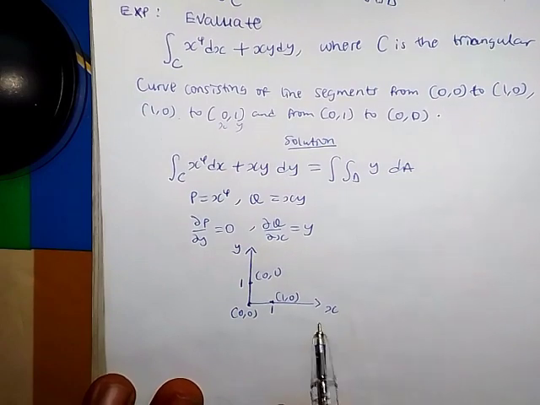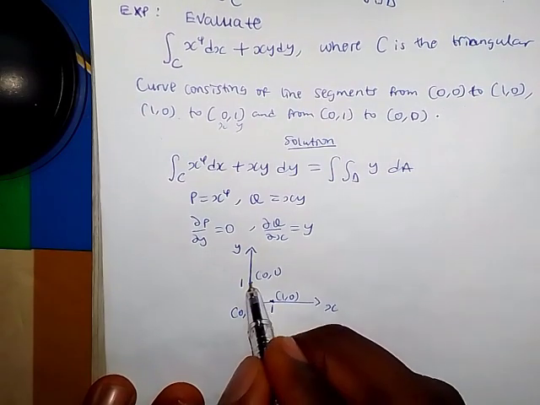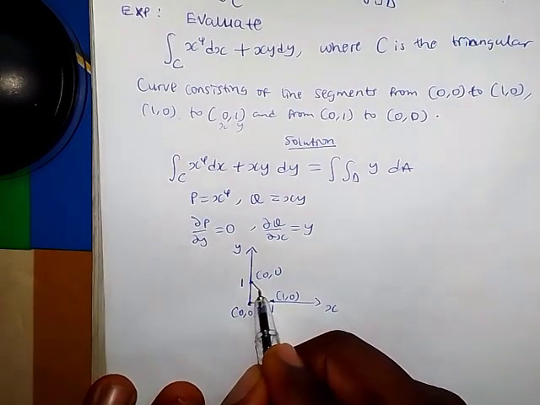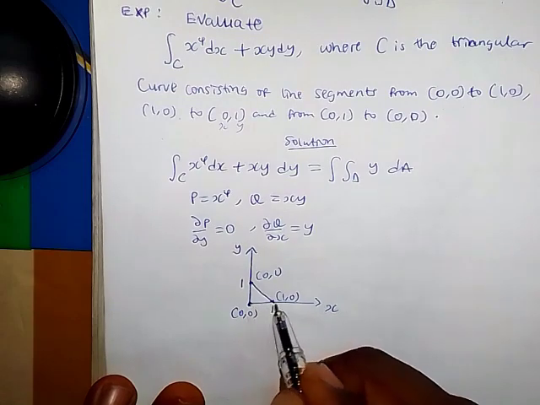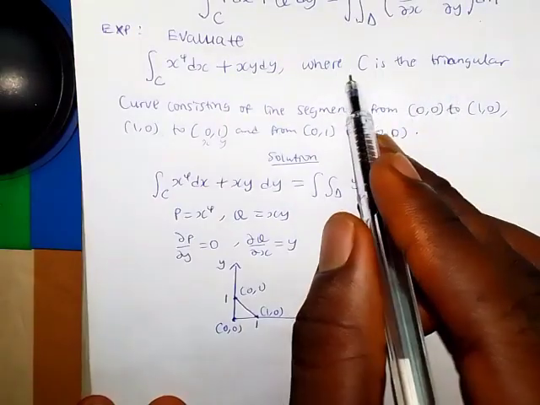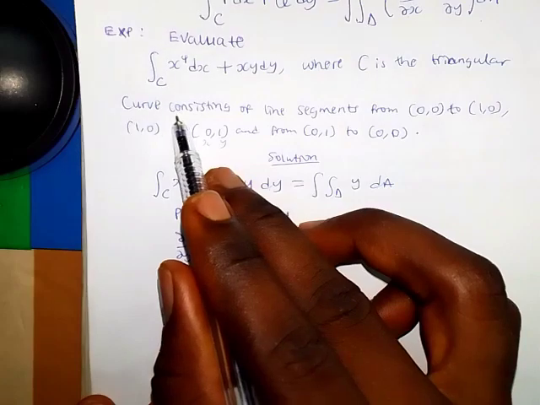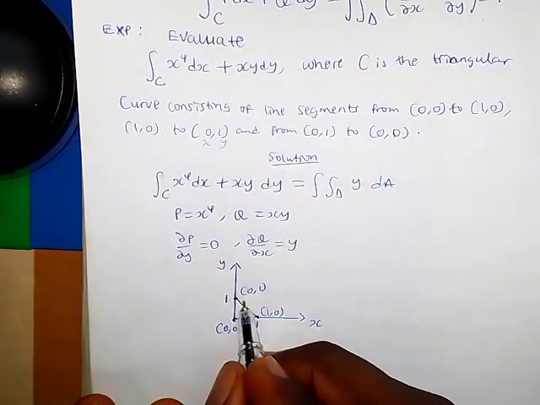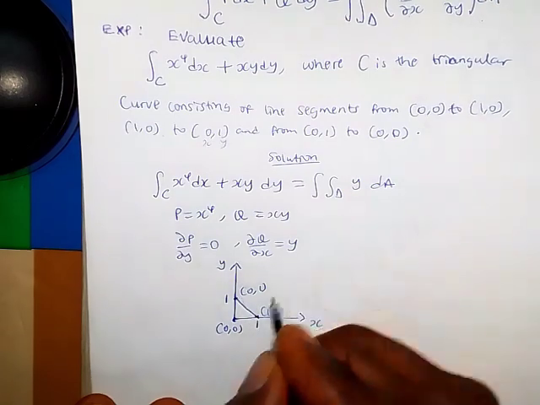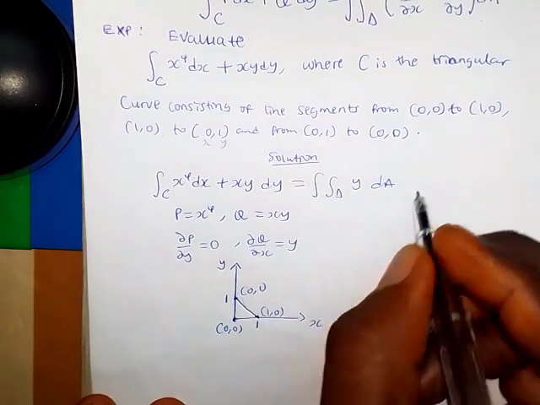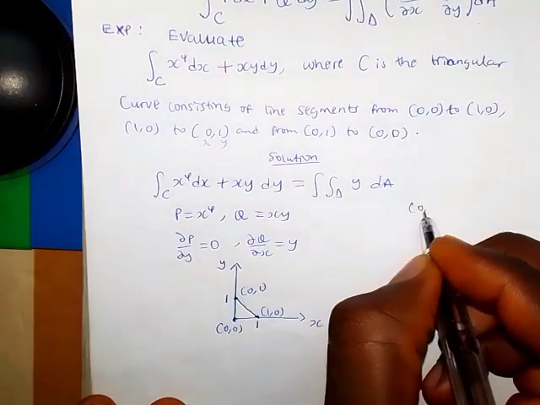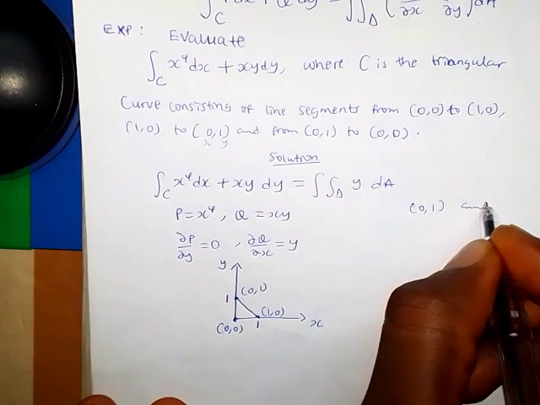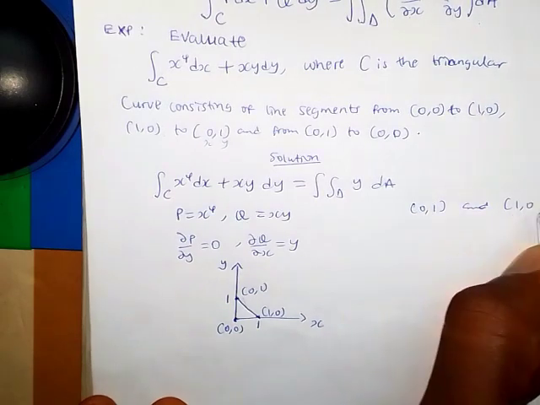We observe that this is simply a triangular curve as described in the question, consisting of these line segments. So we find the equation of the line through (0, 1) and (1, 0).